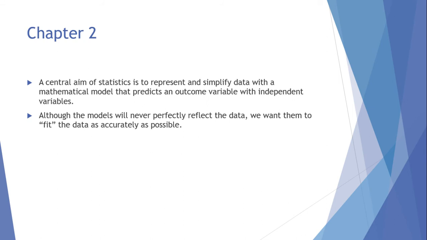If the line that you come up with is real close to all of those dots, real close to the data, then we say that model fits the data well. It matches up with reality pretty closely. If those dots are all over the place and far away from your line, far away from your model, then we don't have a model that fits the data well, because the data are just all over the place and far away from that line.